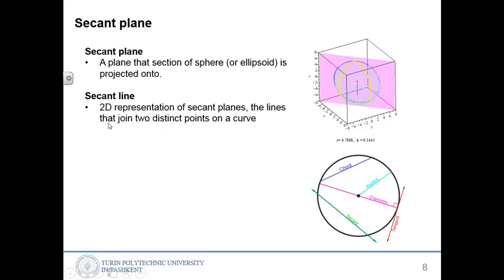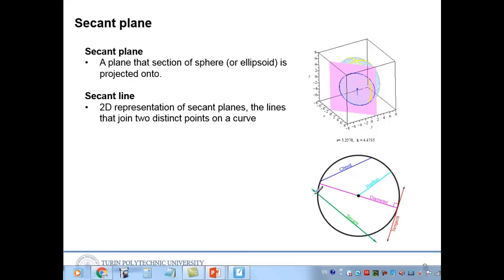So if you connect any two points, that will be a secant. Okay, so for example, here in this example, the sphere is intersected with the purple plane, so it will generate a kind of circle in any case.